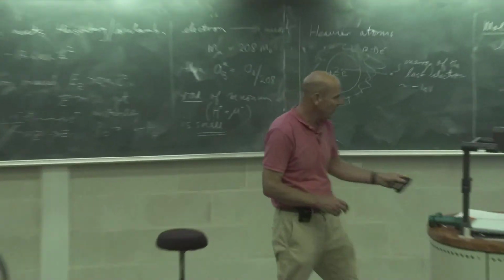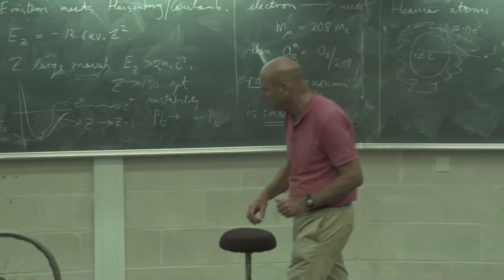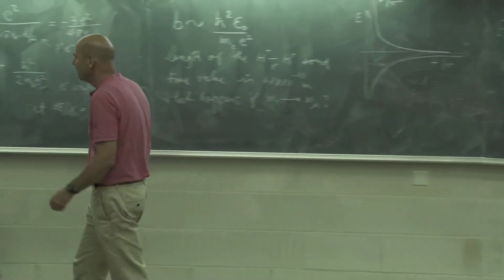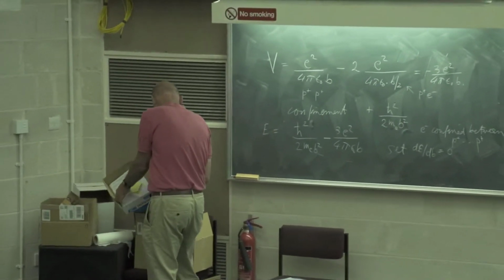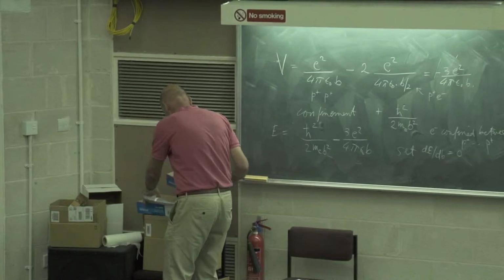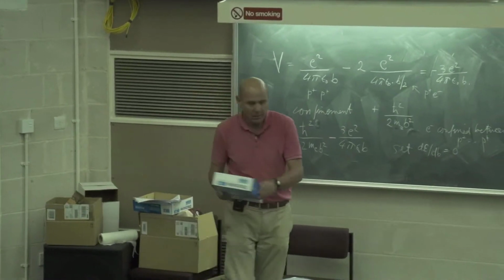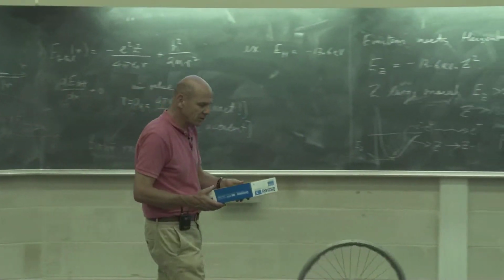And there is a famous demonstration due to Feynman, which I would like to try and do here, which demonstrates that. For this, I need an empty box. So Feynman's demonstration was this.